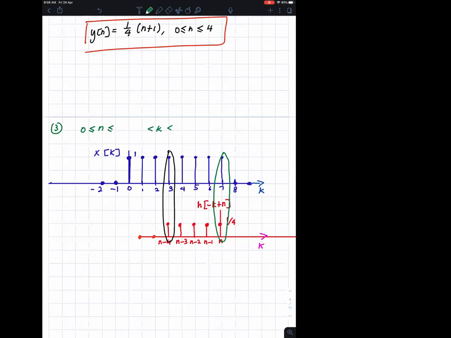At what value of n are you going to get 3? Okay, n minus 2.